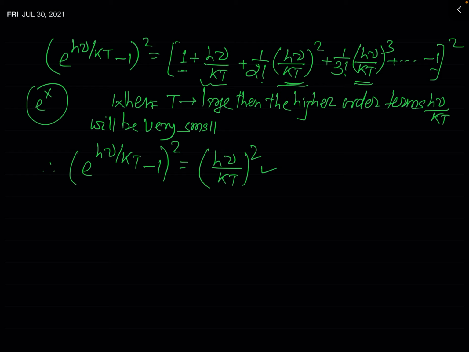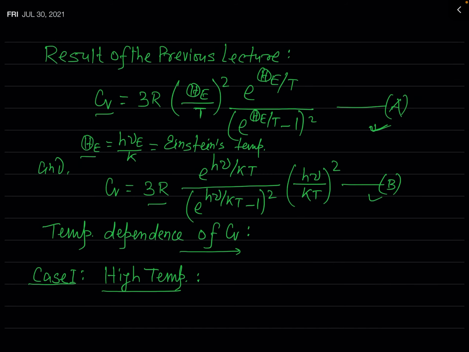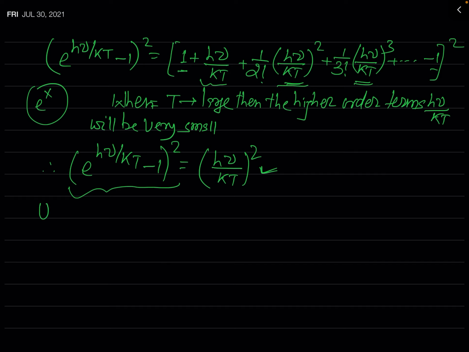So now let us use this value of e raised to the power h nu by kt minus 1 whole square in equation B. So using this in equation B, you can see what will be the expression for Cv.